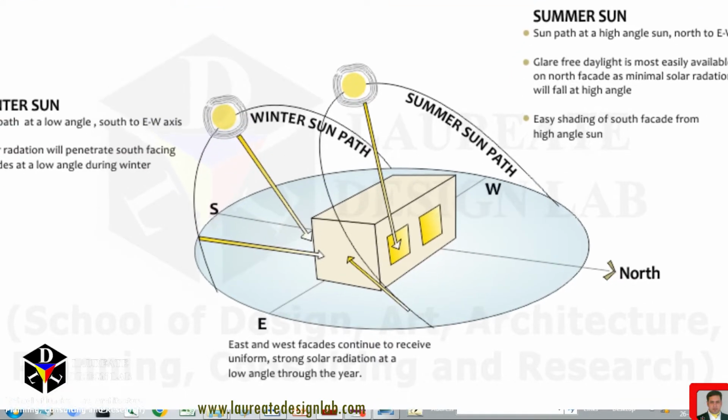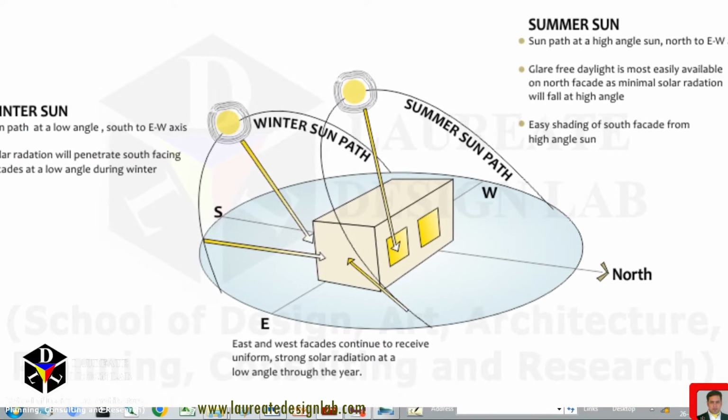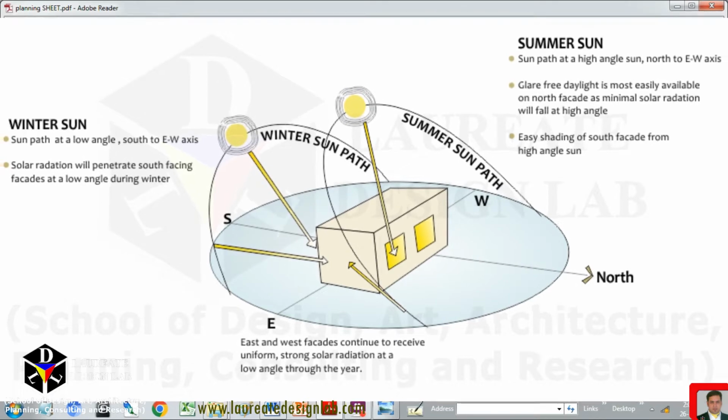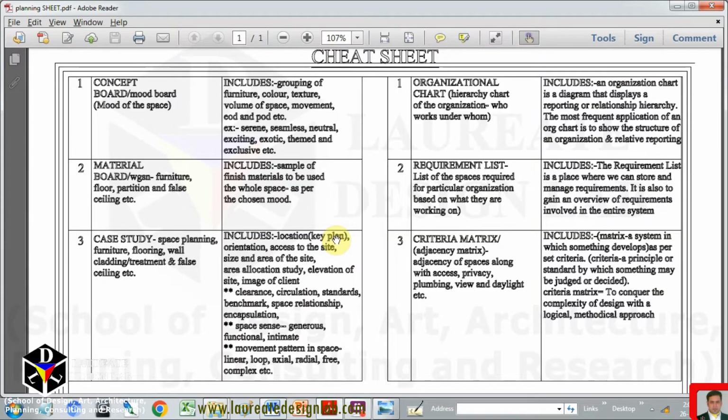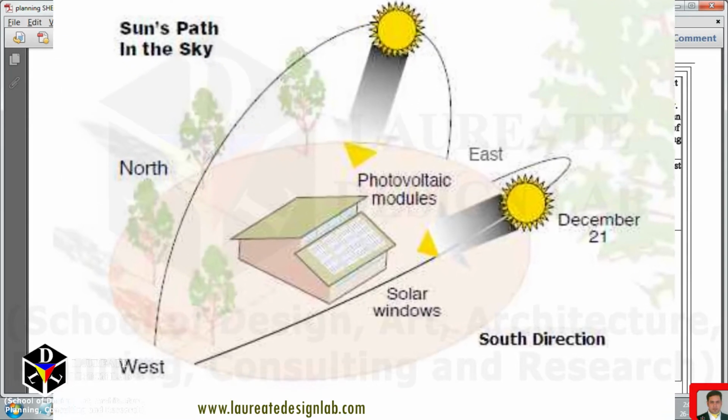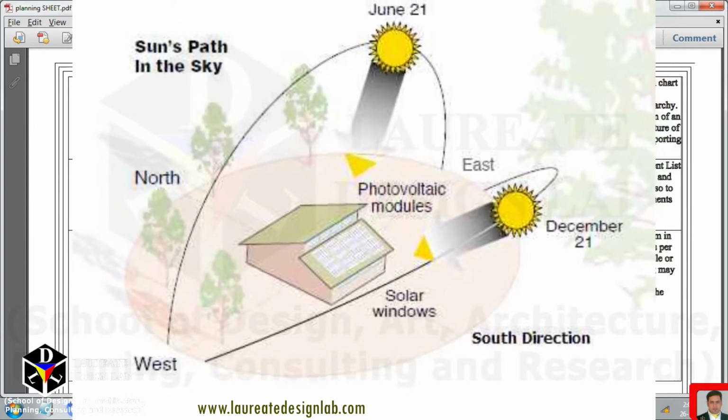Now comes orientation in terms of sun direction. From sun rising to setting, the movement you can consider of the sun. Actually the sun doesn't move, but I'm saying you consider, generally we perceive that way. So it is east, south and west. Okay.